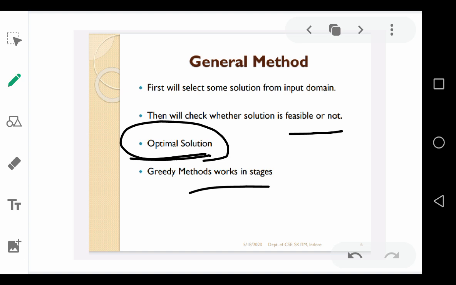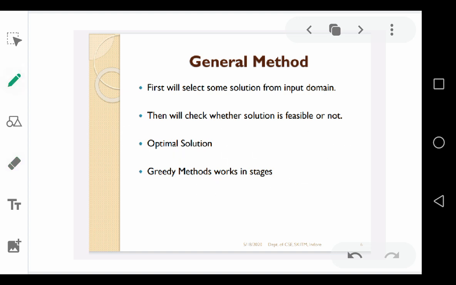Based on this input, it is decided whether the particular input gives the optimal solution to the problem or not.